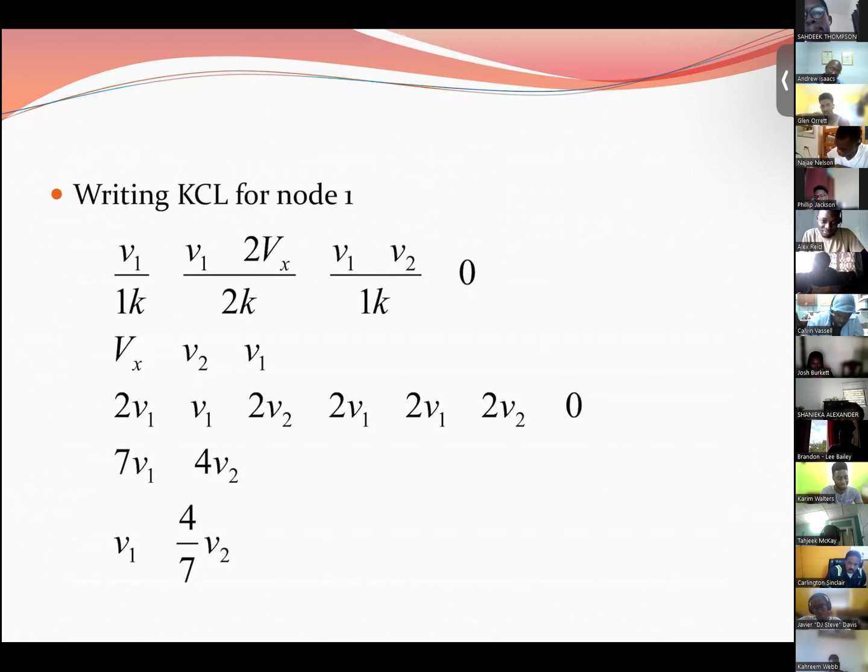So we have V1 over 1K plus, equals 0. Vx is equal to V2 minus V1.